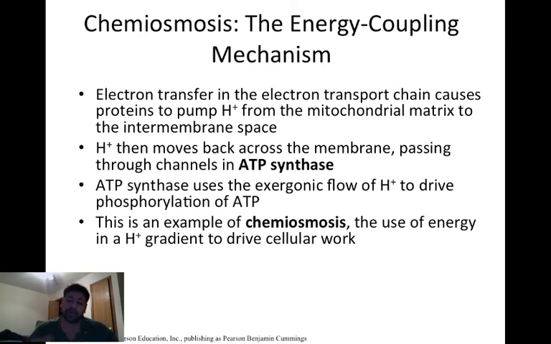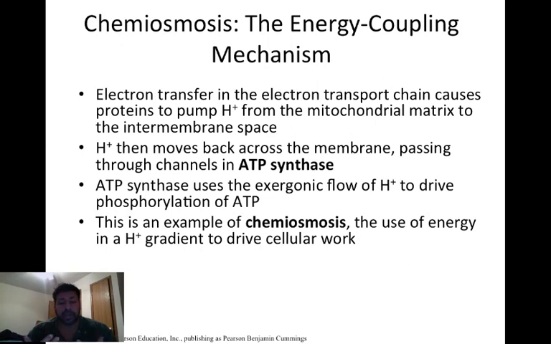So remember, we're building up a high concentration of hydrogen ions in the intermembrane space of the mitochondria. And at some point we're going to have so much built up in that intermembrane space that the concentration is going to be so great that it needs to be released.